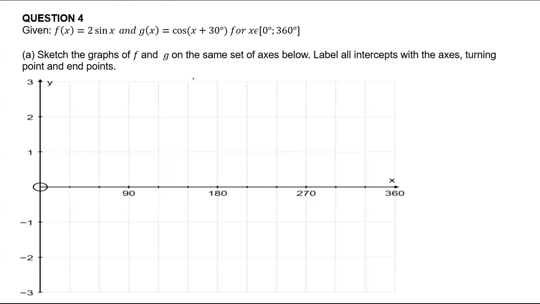Okay, and plot those coordinates. So these are the coordinates when I plot them.